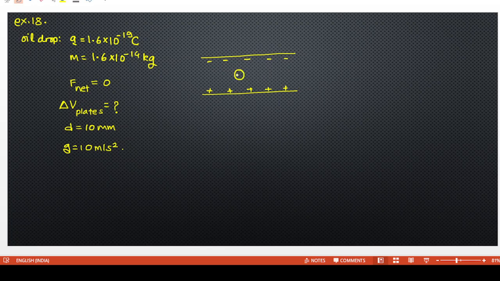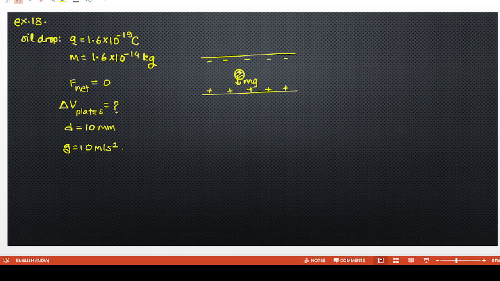This oil drop is in equilibrium, means there will be zero net force acting on this oil drop. What will be the first force acting on this oil drop? Gravitational force. It has mass, so it will experience the gravitational force mg downward.